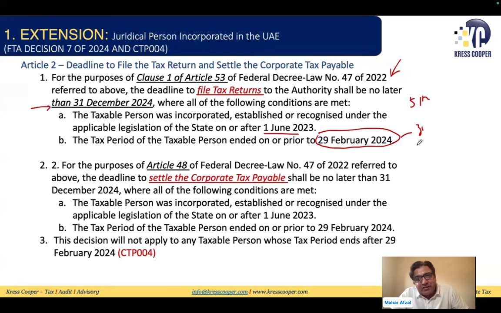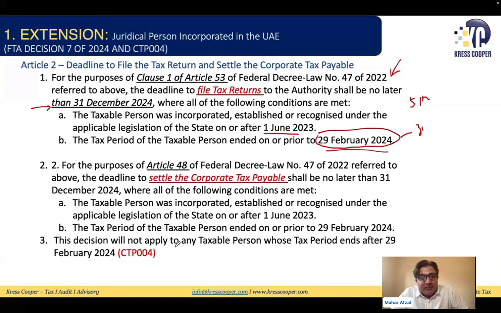If your tax period was ending on 31st Jan 2024, the return was due by the end of 31st October, they have given a 2 months extension. If your tax period was ending on 29th of Feb 2024, as per the law, your return was due within 9 months from the end of the period, by the end of November. They have given you a 1 month extension.